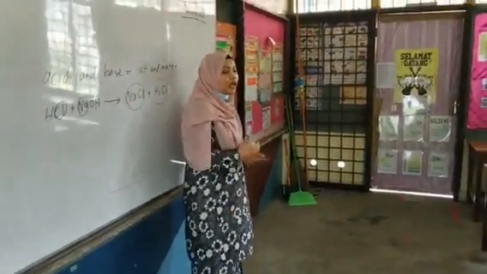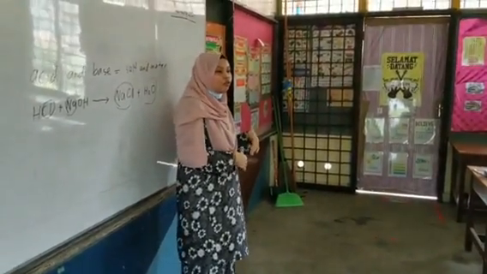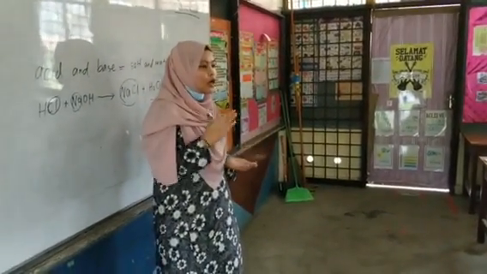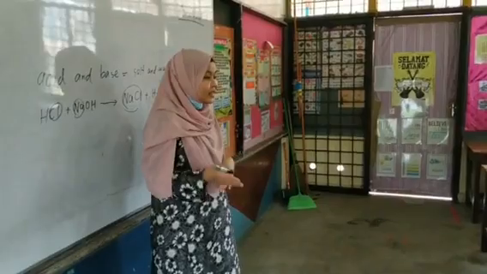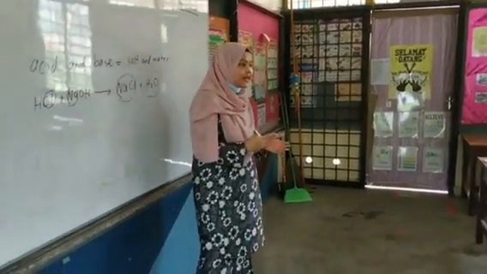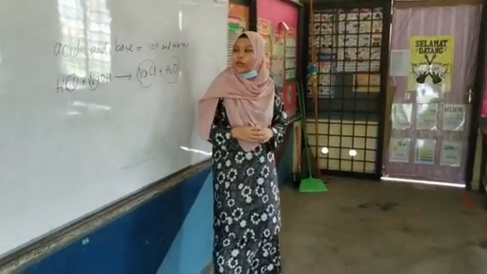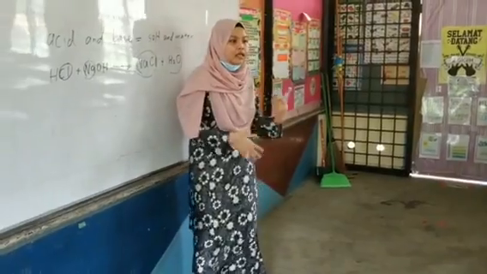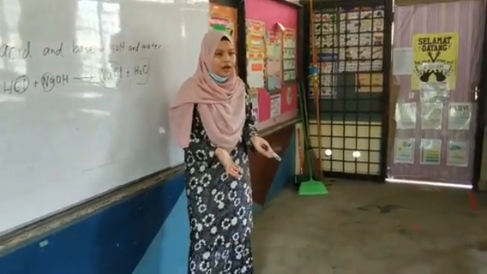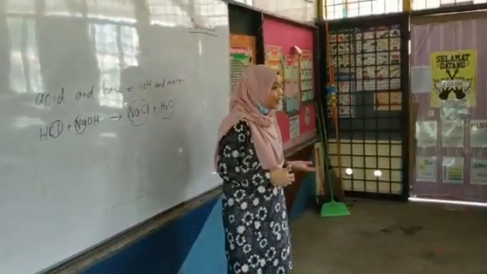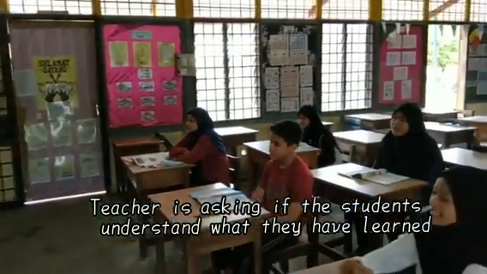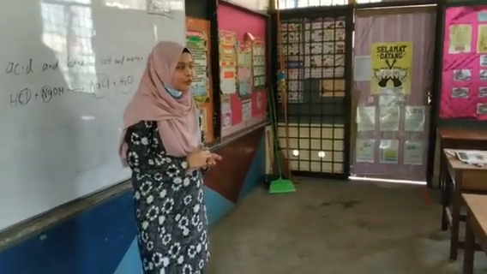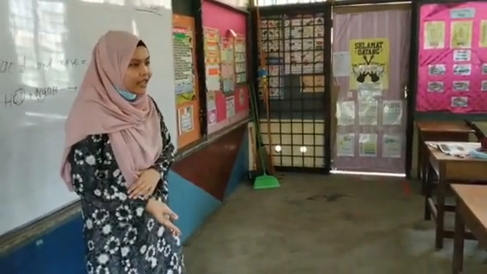To release the pain, they have to consume antacid. Antacid means anti-acid, which we will use base to neutralize the acid in the stomach. Okay? Do you understand, class? Yes. Okay, great.